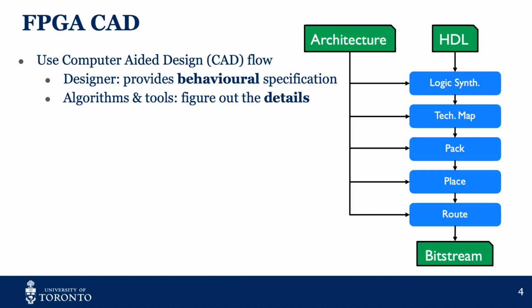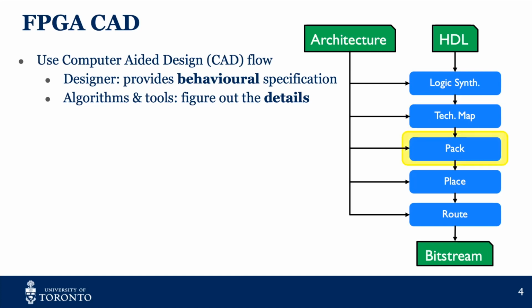And to manage the complexity and be able to track and control the runtime of the flow, it's usually divided into stages. First, the design is synthesized, converting the behavioral description of the needed hardware to a set of optimized logical hardware operations. Then these operations are mapped to the resources available in the target FPGA device in the technology mapping stage.